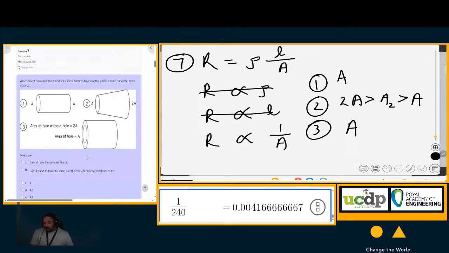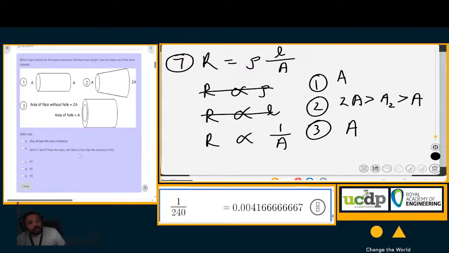So I would say object number 2. We said that the one with the highest area will have the lowest resistance. So I am going for object number 2, because objects 1 and 3 have the same area. Both 1 and 3 will have the same resistance, and theirs is more than the resistance of number 2.